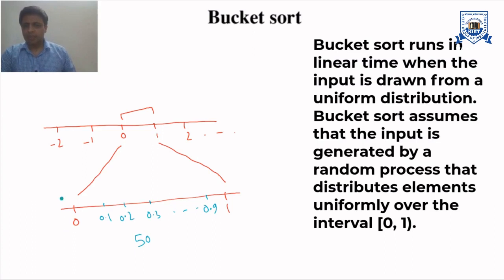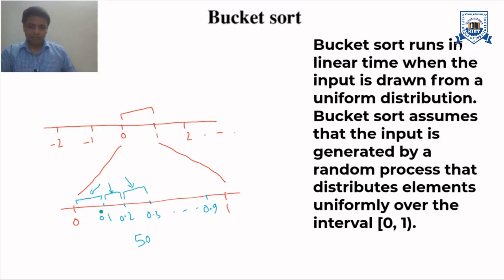What does that mean? Whatever values are there in these 50 numbers, the count in the range 0.1 to 0.2 should be almost equal to the count in the range 0.3, and so on.